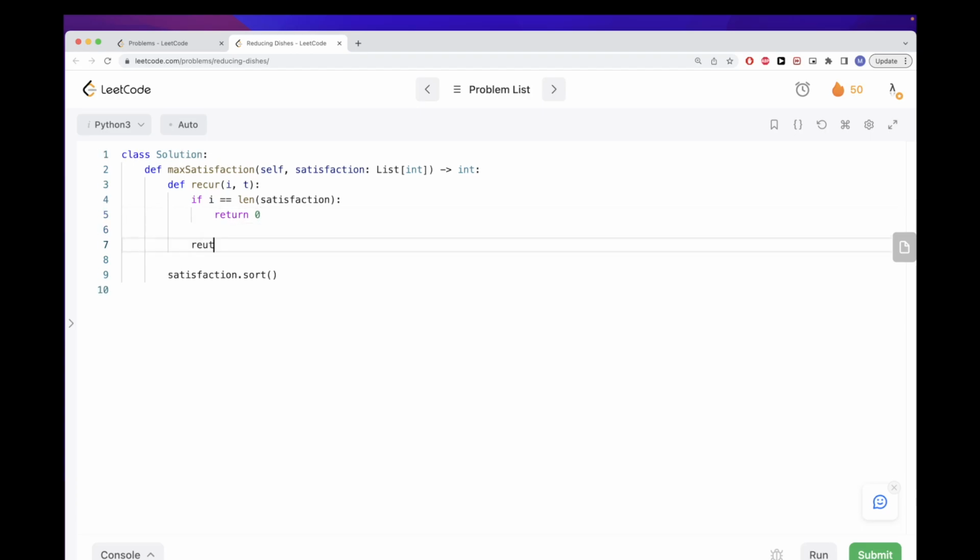Otherwise, we just have two choices, take it or don't take it, and we consider both. And we take the max. So for take, what is it going to be?